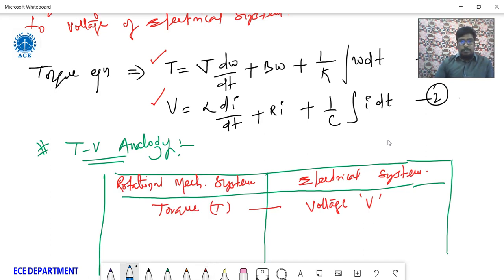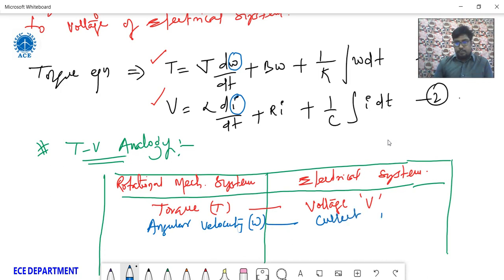Now, continuation, angular velocity omega. Becomes what here in this case? Current. Current I, right?